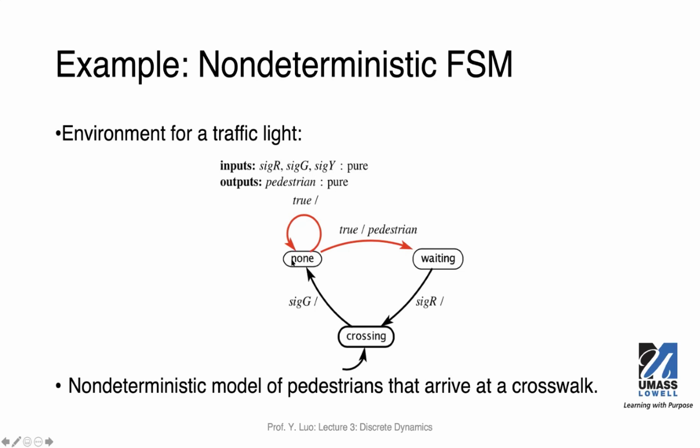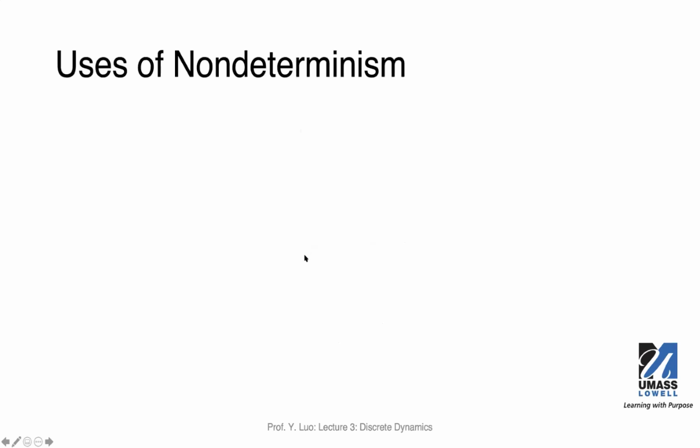And then from this none, we see there are 2 possible transitions: this circle loop here, and this transition to waiting. What's interesting or unique is that both of these 2 transitions have guards that are true.